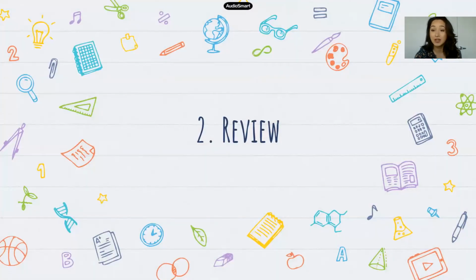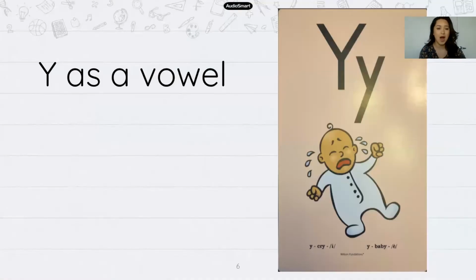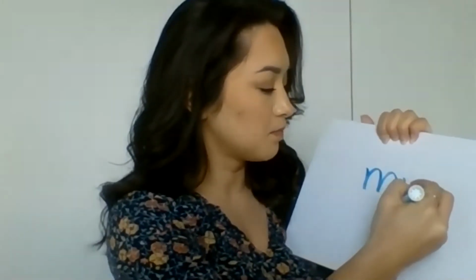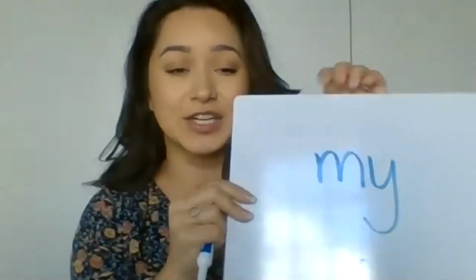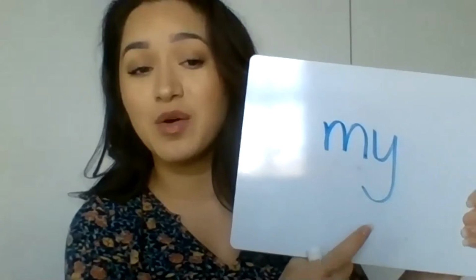Next, we are going to do a little review. Yesterday, you reviewed all different kinds of syllables, and today we're going to look at Y as a vowel. I'm going to exit out of here so you can see my board. Perfect. All right, so my first word that I'm going to show with Y as a vowel is the word my. What word? My. Good. In some cases, the Y acts as a vowel.